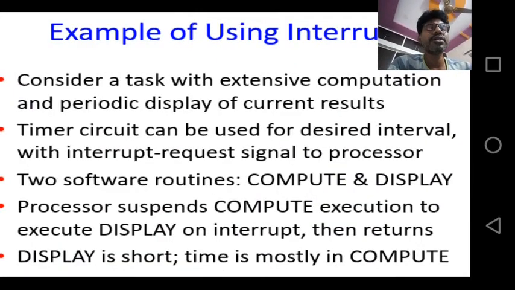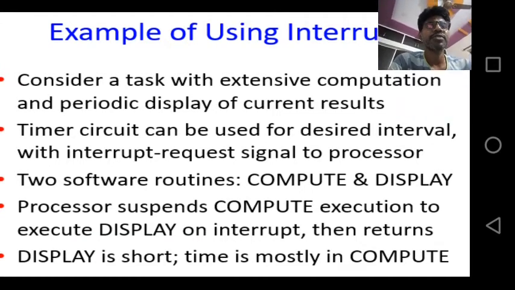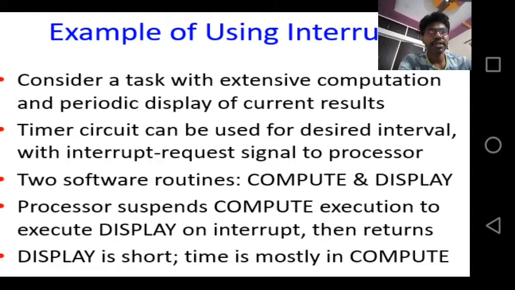Let's look at a simple example for understanding the concept of interrupt. Consider a task with extensive computation and periodic display of the current result. The timer circuit can be used for the desired interval with an interrupt request signal to the processor.